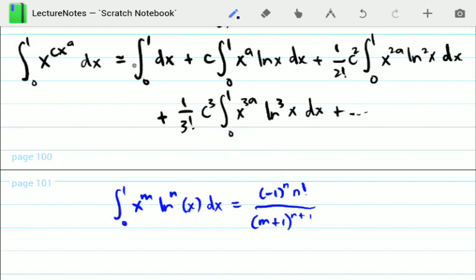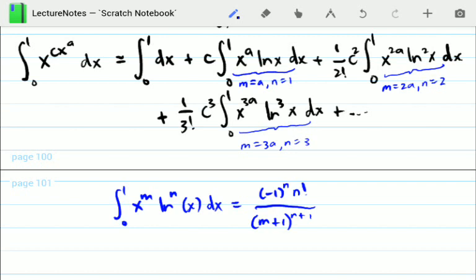The first term is a trivial integration, just equal to 1. But these are the various forms of this general integration for different values of m and n. For instance, the first integrand is just when m equals a, n equals 1. The second is for m equals 2a, n equals 2. This one is for m equals 3a, n equals 3, and so on.